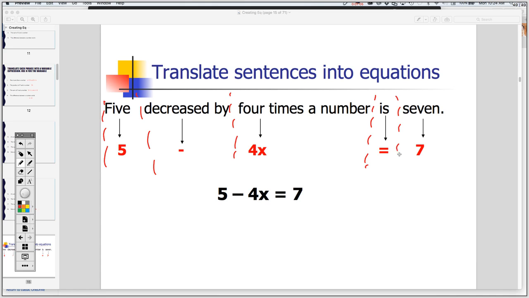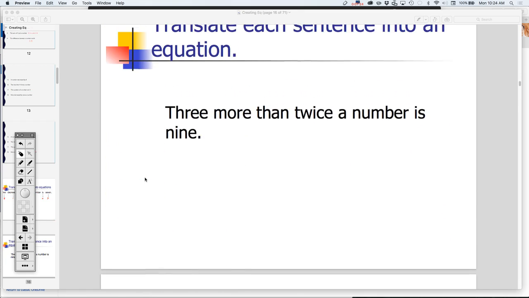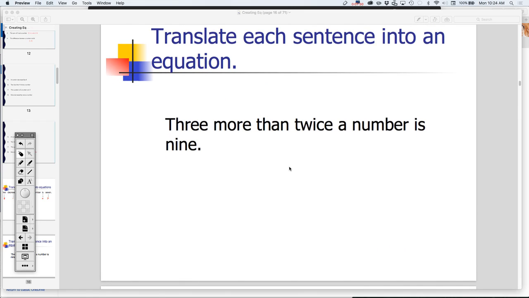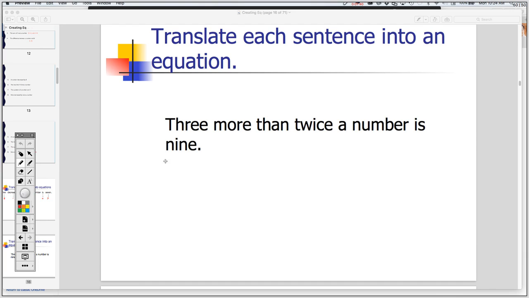Translate each sentence. All right, 3 more than twice the number is 9. Try this one out. 3 more than twice a number is 9. Let's see if I can block this out. No, I wanted to fill it.